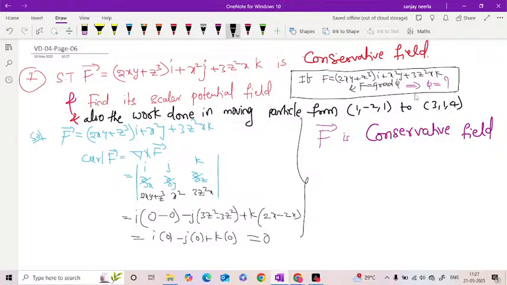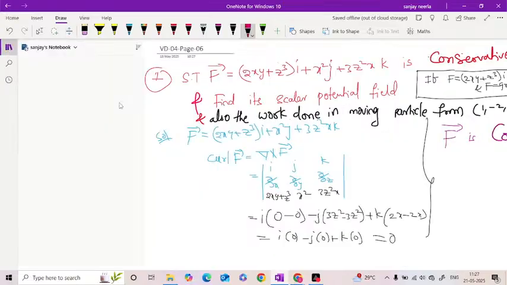That means what is the question? Just find the line integral, from the path 1 comma minus 2 comma 1 to 3 comma 1 comma 4. So this is the question.